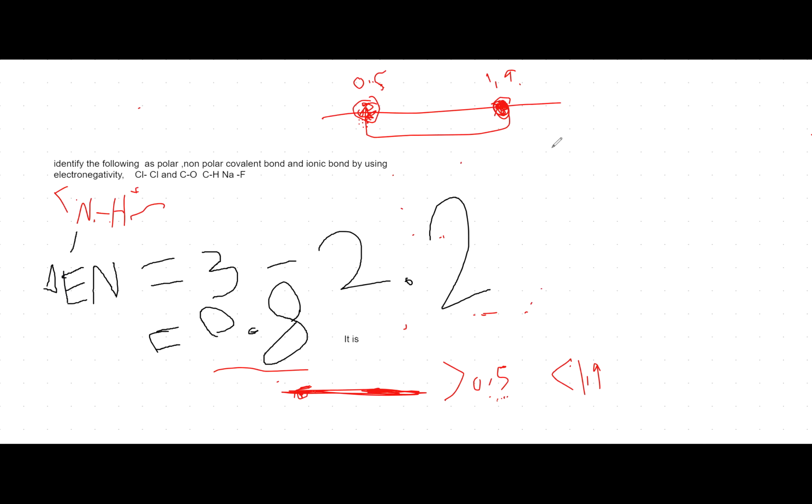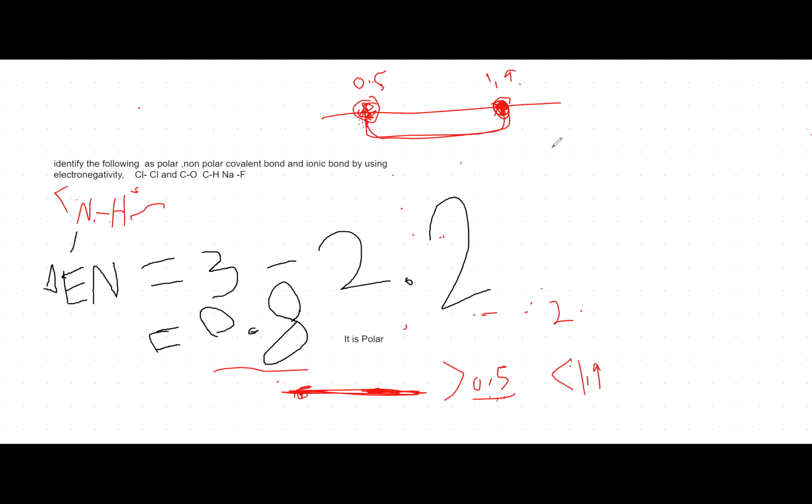I said no, this doesn't mean it's polar just because it's greater than 0.5. What if it's 2? This is greater than 0.5. It should be in between these values to be a polar bond. And you have to memorize the rule, all of it.